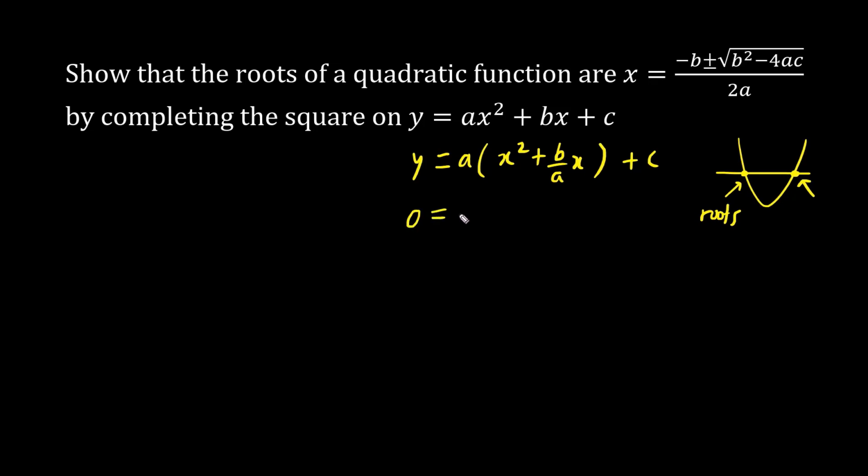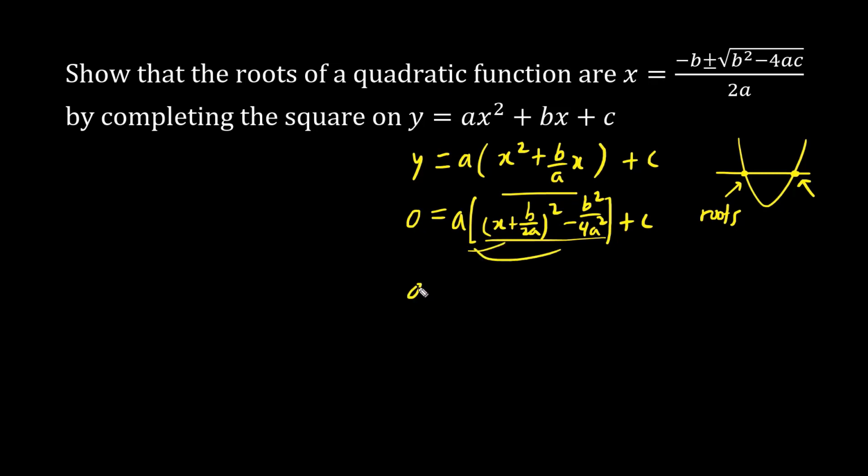So y equals 0, and we're going to complete the square. Complete the square on this underlined part here. We draw a bracket squared, and we copy down half of the coefficient of x, which is b over 2a, minus this term squared, which is b squared over this squared, which is 4a squared.